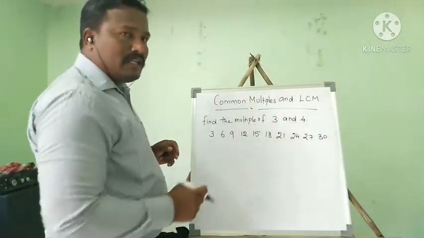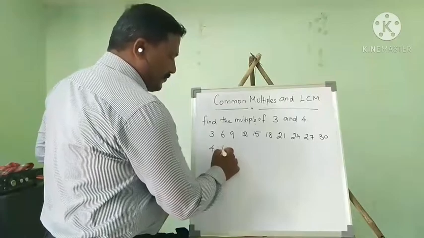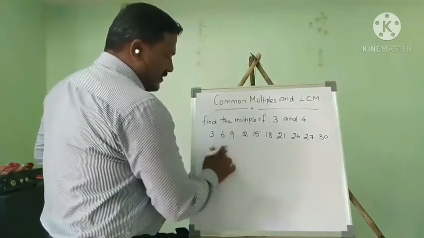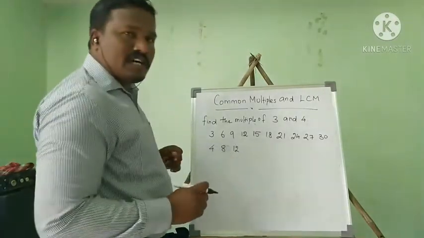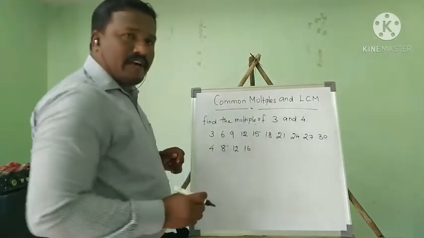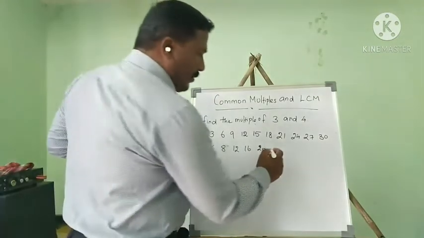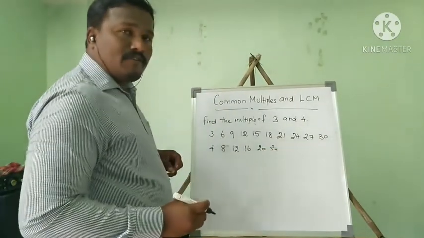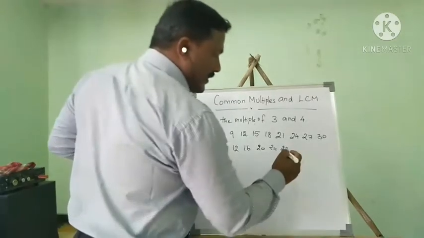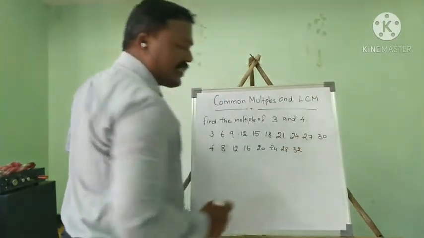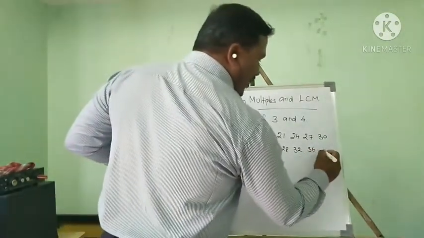The same way, we have to find out the multiples of 4. 1 4 is 4, 2 4s are 8, 3 4s are 12, 4 4s are 16, 5 4s are 20, 6 4s are 24, 7 4s are 28, 8 4s are 32, 9 4s are 36, 10 4s are 40.